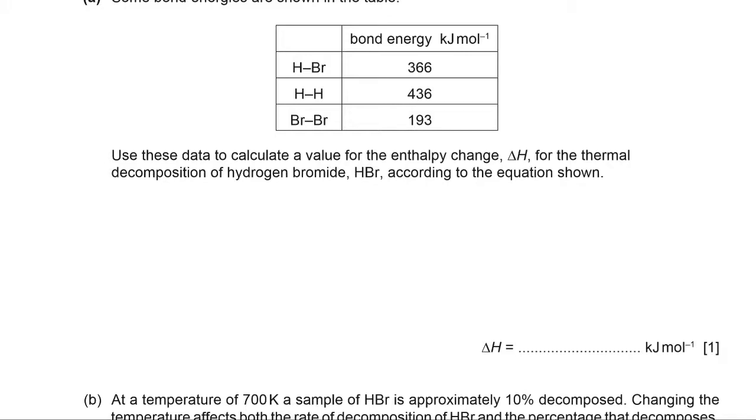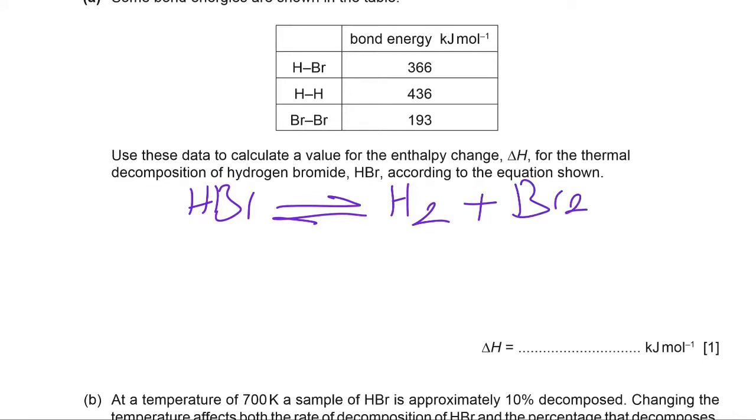So in the equation you have HBr producing hydrogen and Br2, and this one is 2 mole. Always in the delta H, the bond in HBr will be broken actually.